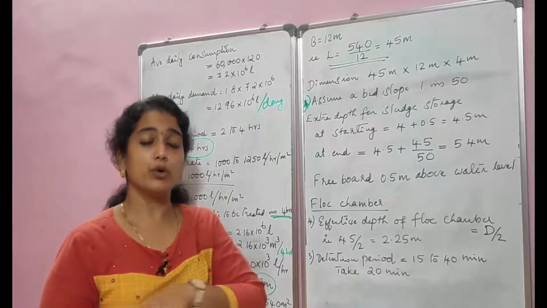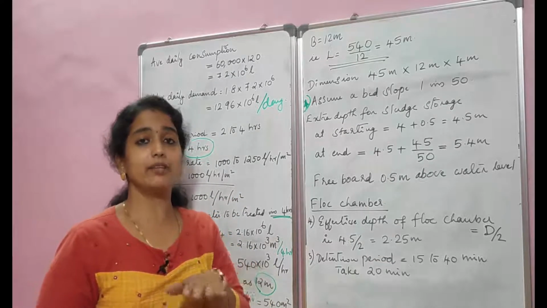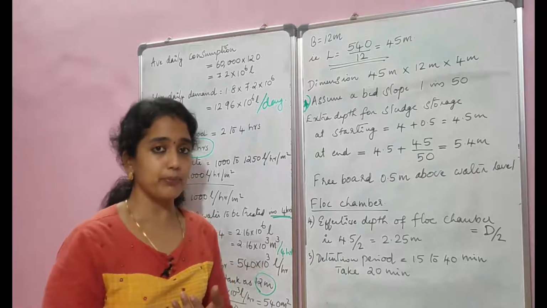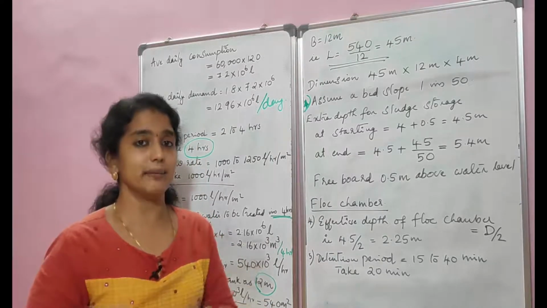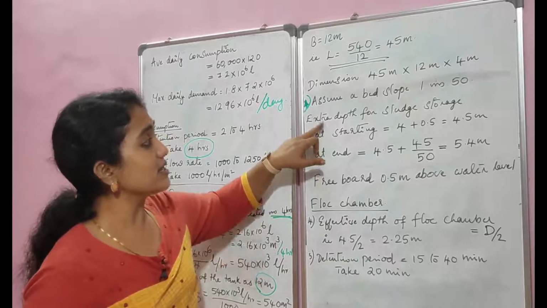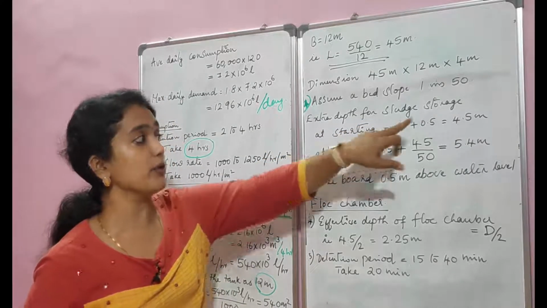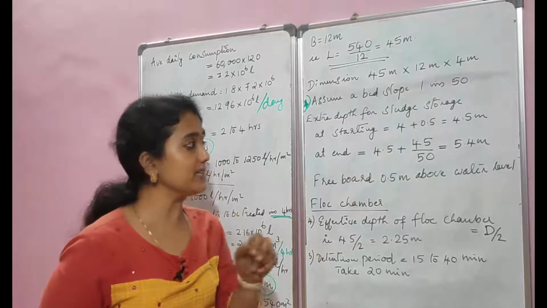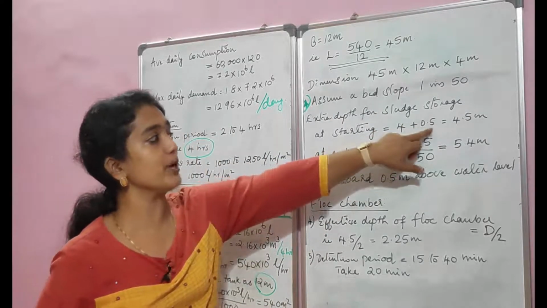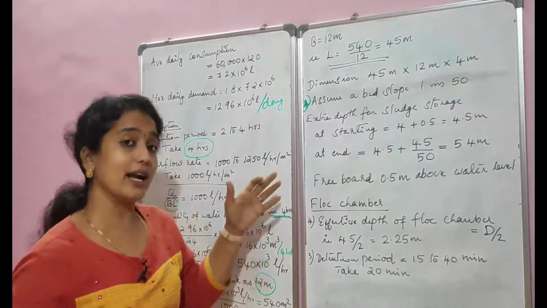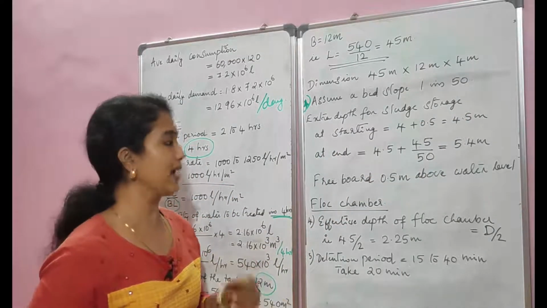A portion of the depth will be filled with these sediments, so we have to provide an extra depth for storing them. At the starting we provide 0.5 meter, so 4 plus 0.5, that is 4.5 meter depth at the start of the sedimentation tank.